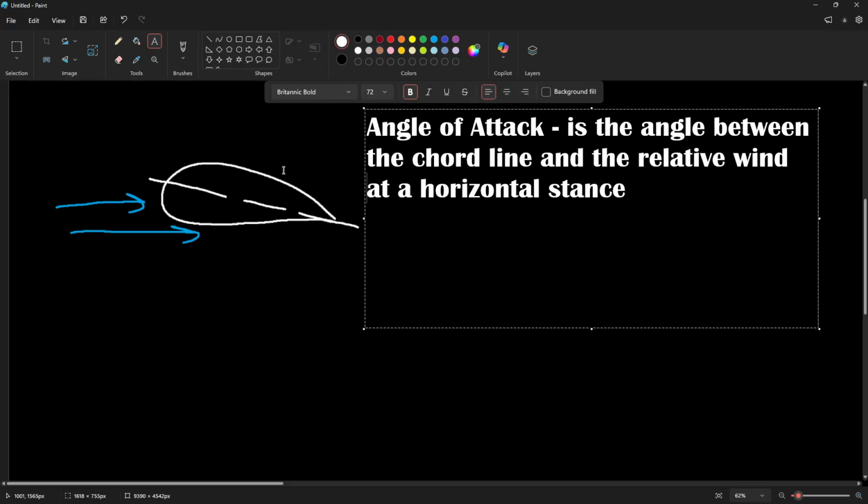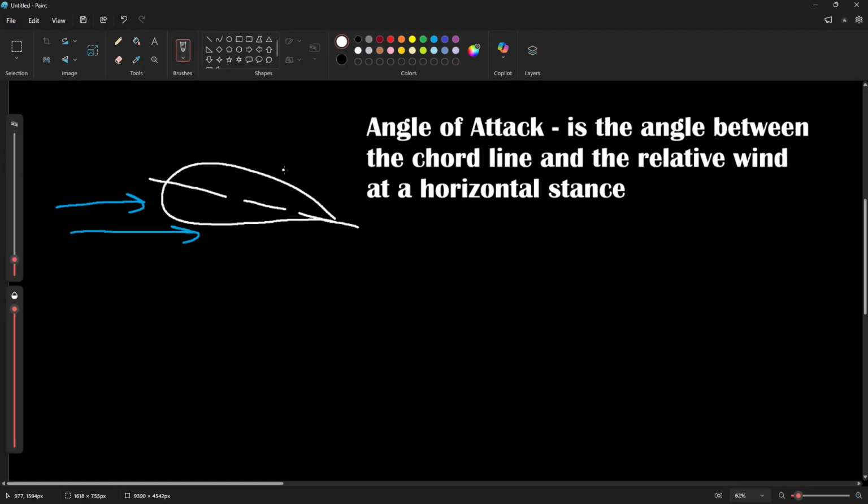So when we're looking at the airfoil here, the chord line is going this way, and the relative wind is coming from a horizontal stance this way. The angle of attack would be here. So let's say this is around 30 degrees. The angle of attack is 30 degrees.